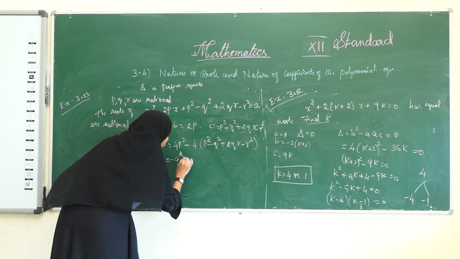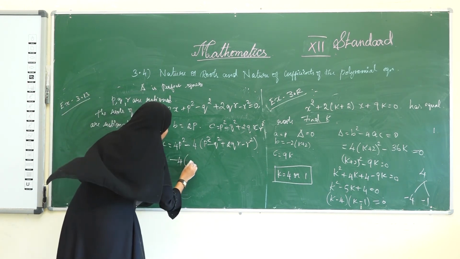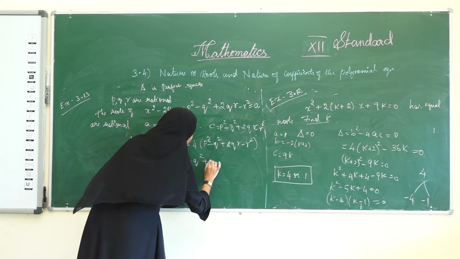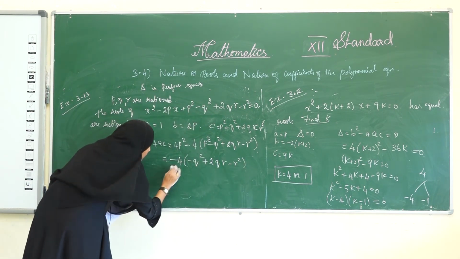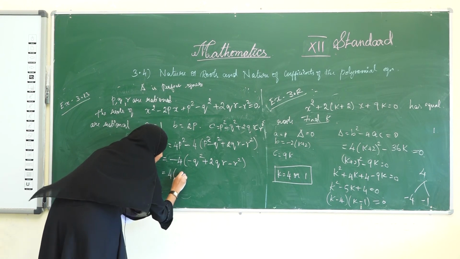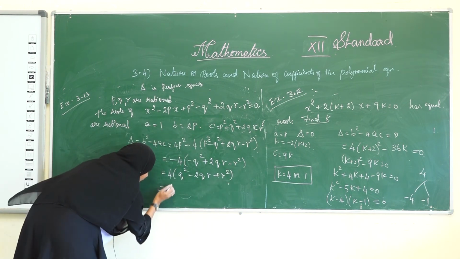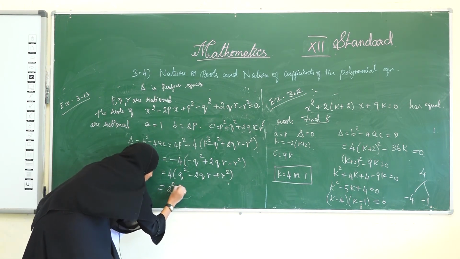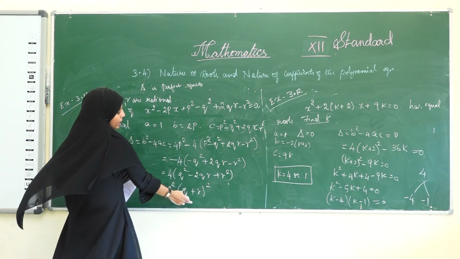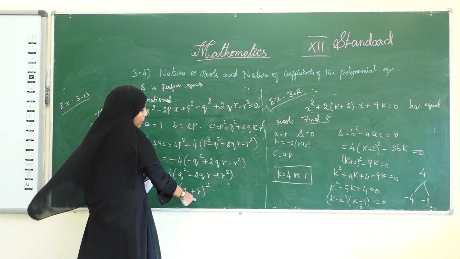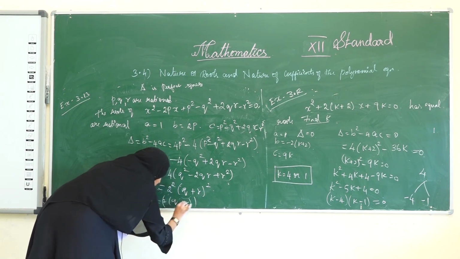Therefore minus 4 into minus q square plus 2qr minus r square. When we multiply this 4, 4 will be as it is: q square minus 2qr plus r square. This can be written as 4, that is 2 the whole power 2, into q minus r the whole square. Therefore 2 into q minus r the whole square.